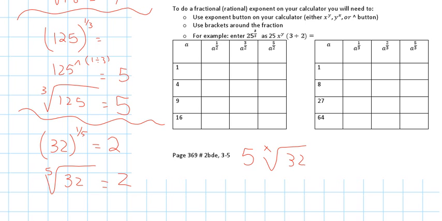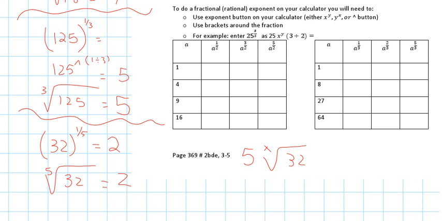Okay? So, do you see any connection? If I do 125 to the power of 1 over 3, I'm getting 5. If I do the 3rd root of 125, I'm getting 5. Do you see anything happening between the two different forms? The denominator of your exponent gives you the same answer in the root.